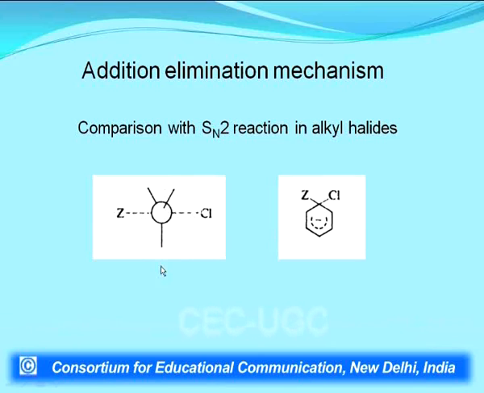This lies at the highest of the energy diagram, that is this reaction coordinate for the energy. Whereas, in this case, this is not the transition state, this is an intermediate being formed in which this carbon is attached to the nucleophile as well as this chlorine by sigma bonds, and the extra negative charge is stabilized by the ring. So, this is the difference between these 2 mechanisms.